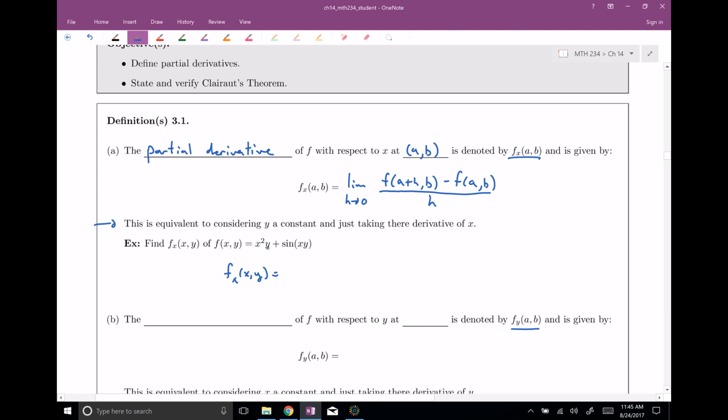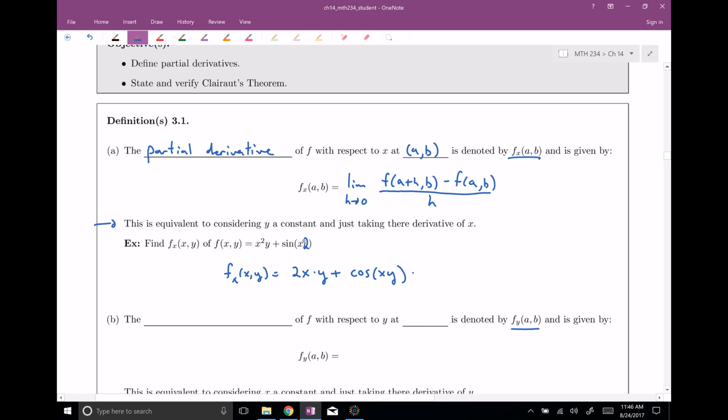If I just think of y as a constant, x is my only variable, and y might as well be 2 or 5 or something like that. So I would do 2x, and constants are along for the ride, there's that constant multiple rule. Plus, here we have the derivative of sine, which would be cosine. Leave the inside alone, according to the chain rule. Then we multiply by the derivative of the inside. Again, imagine this y might as well just be 2.